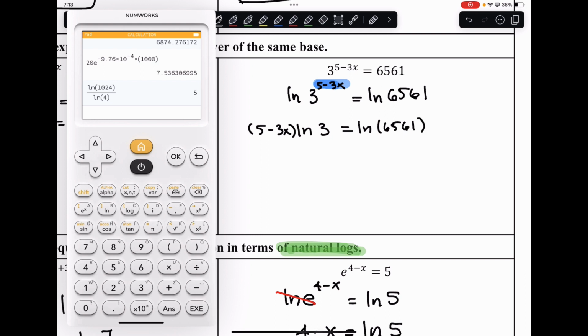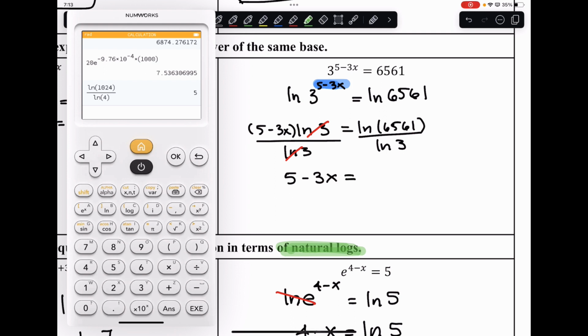That's going to equal the natural log of 6561. I divide by the natural log of 3. That reduces this side, giving me 5 minus 3x on the left.